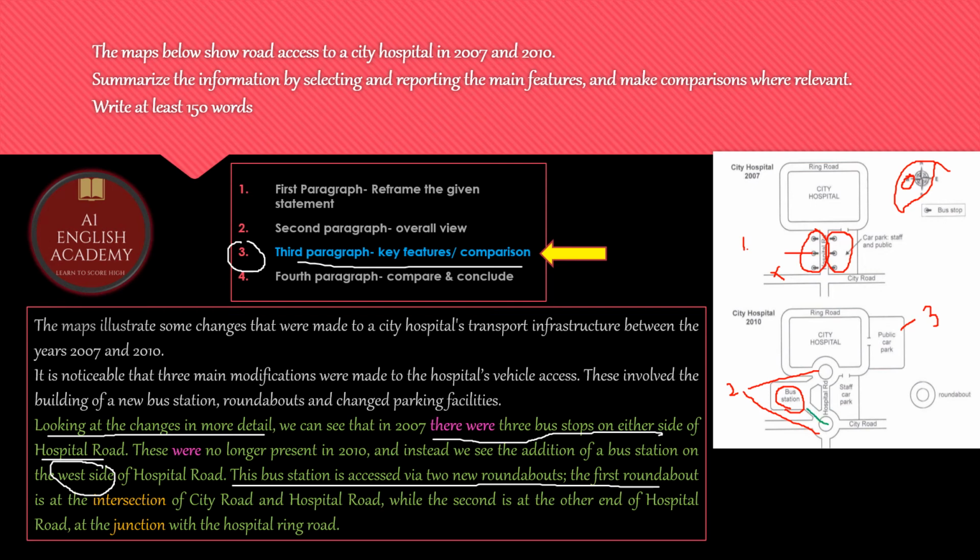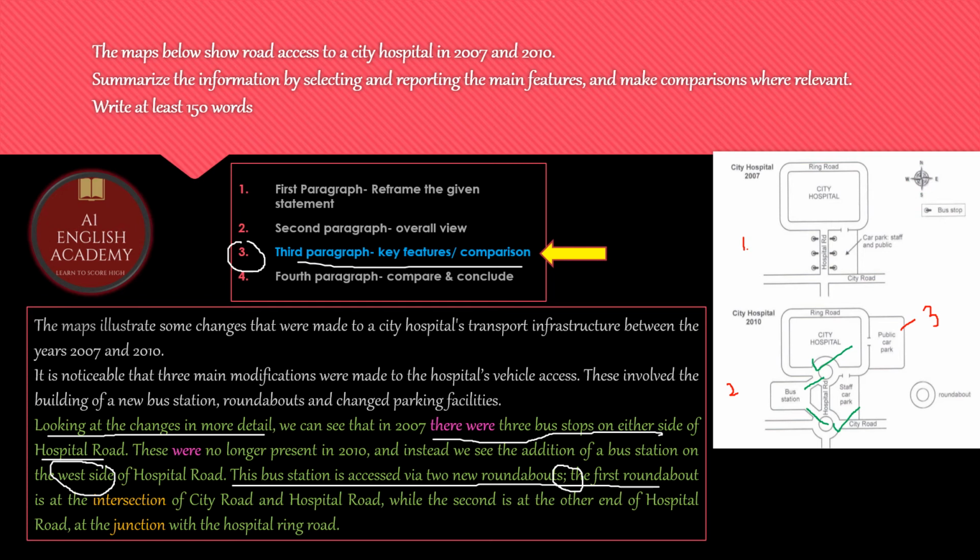And then you can see here after roundabouts I have used the word semicolon. Semicolon is used when you describe that sentence or that word further. So here we are mentioning the first roundabout is at the intersection of City Road and Hospital Road, while the second is at the other end of Hospital Road. So here in these two sentences, the complete description of the roundabouts and their establishment has been described.